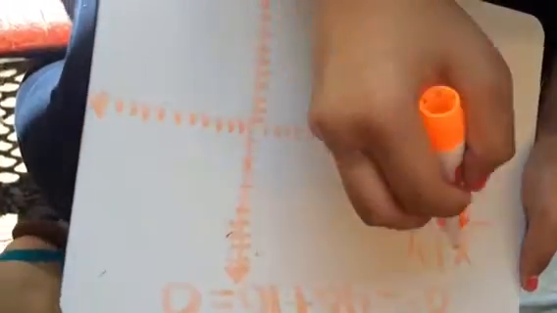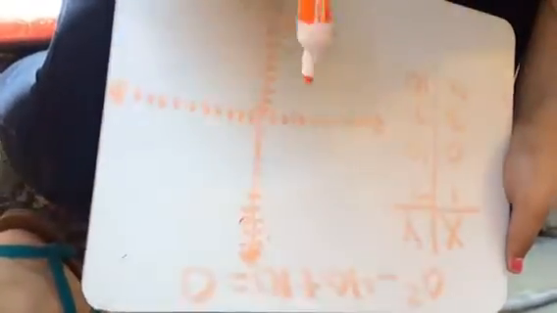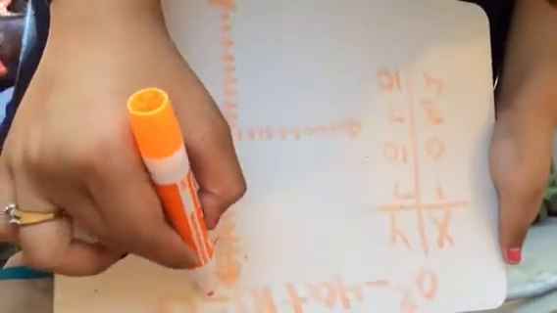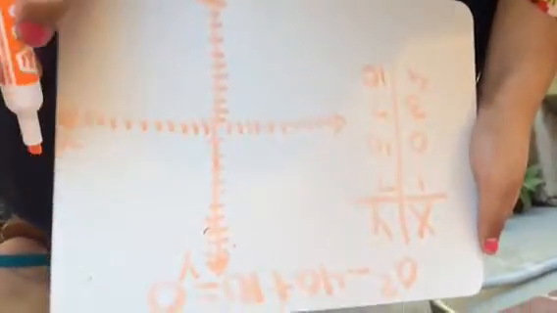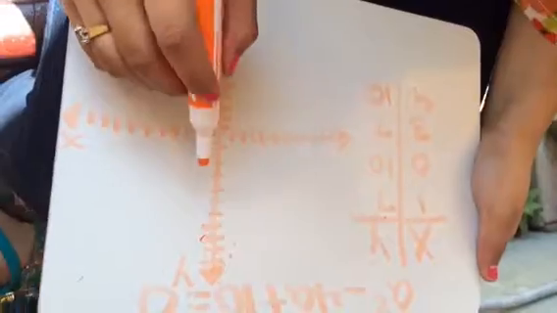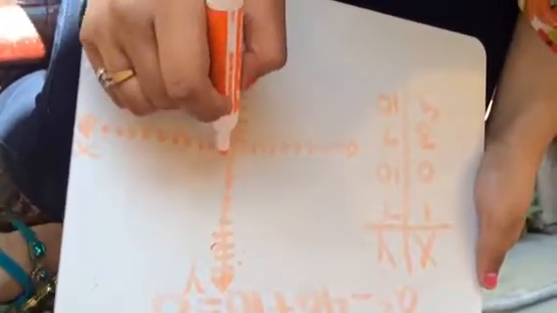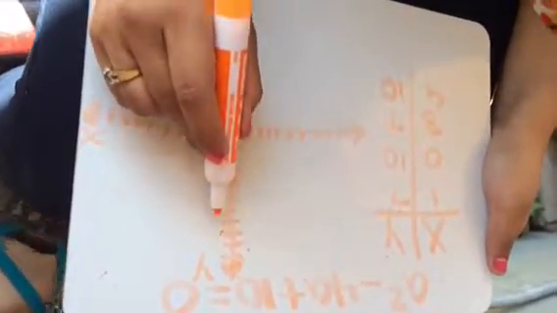Okay, now we have to graph the x and y chart. All you have to do is make a graph, and we numbered it to 10. So this is your y-axis and this is your x-axis. You go to 1 and then go up 7: 1, 2, 3, 4, 5, 6, 7.